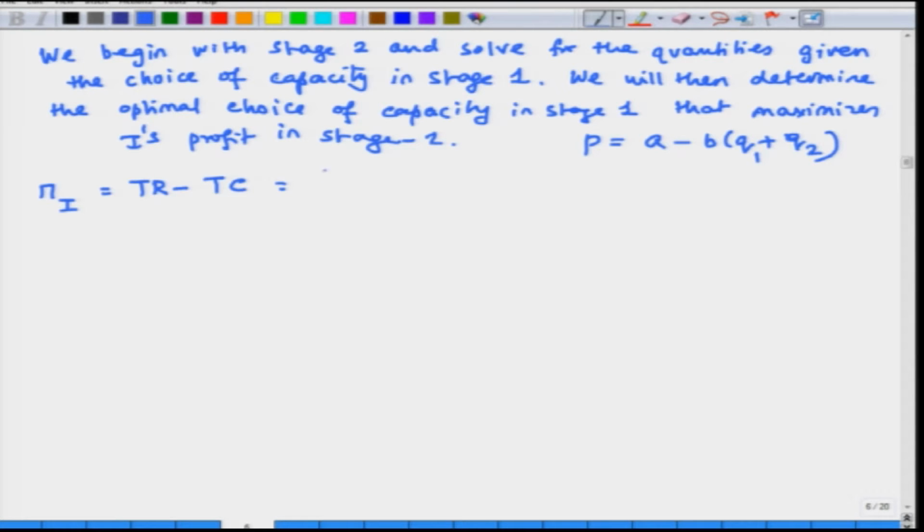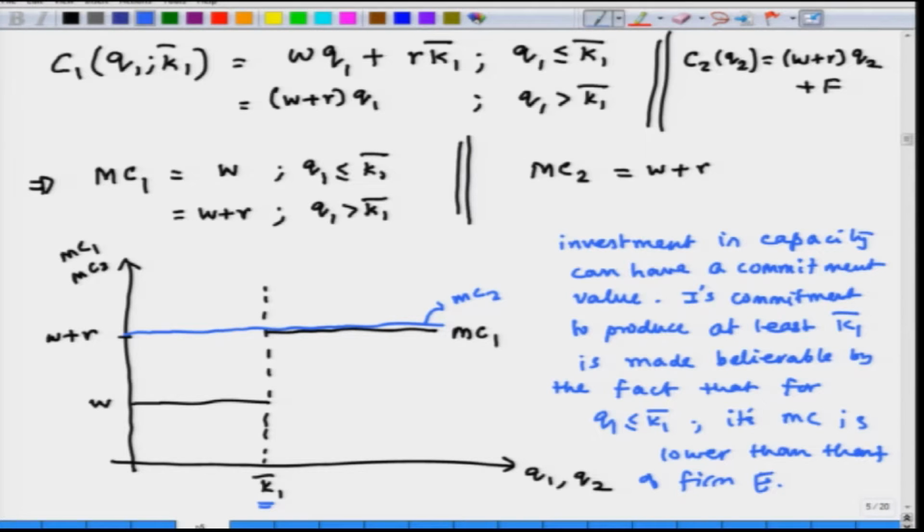So, that is going to be the price times quantity, A minus B times (Q1 plus Q2) times Q1, minus the total cost. Now, recall the total cost can either be W Q1 plus R K1 bar if Q1 is less than or equal to K1 bar, or it can be (W plus R) times Q1.